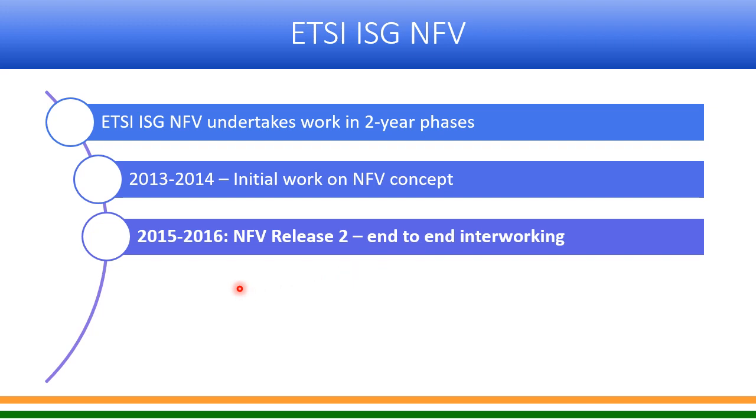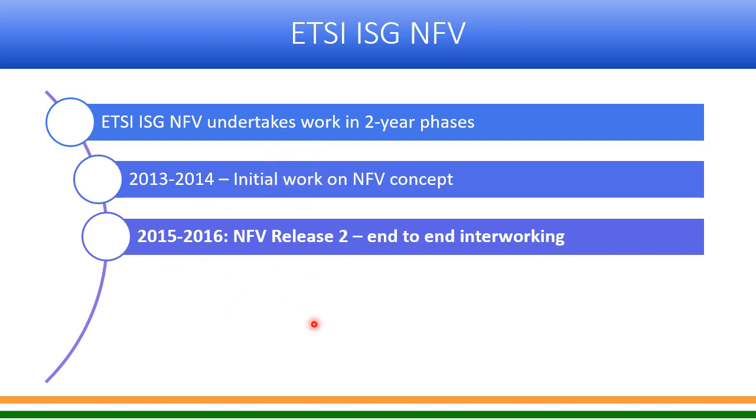During 2015-16, they came out with NFV release 2, which mainly focused on end-to-end interworking. There was no release 1 concept, but during the initial work, a lot of papers were published and a lot of documents were created.